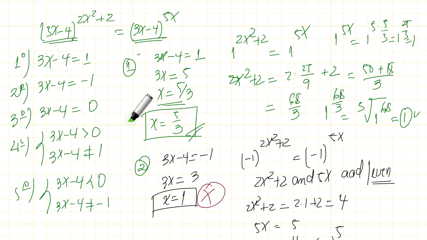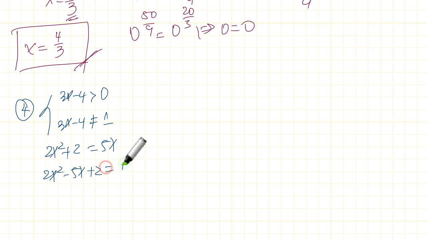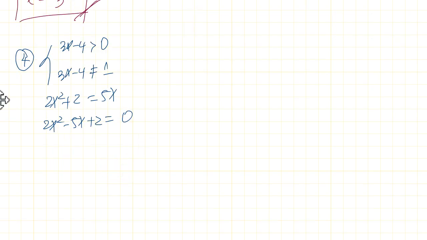We're going to equate the powers. So we're going to have 2x squared plus 2 equals 5x. So we're going to have 2x squared minus 5x plus 2 equals 0. Well, solving this quadratic equation, we're going to have x equals 2 and x equals a half, right?